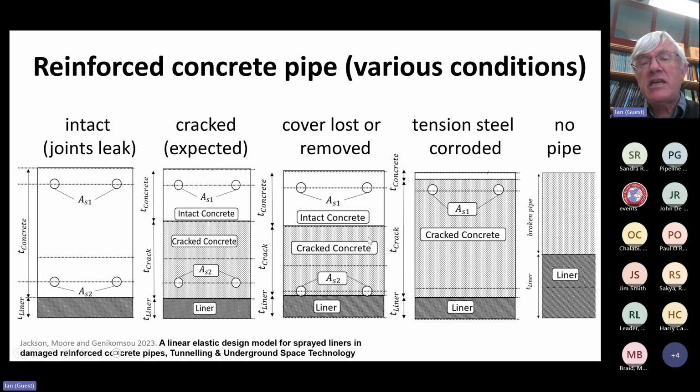And then finally, if we've got loss of the tensile steel because of corrosion and we've got a full crack condition, or even the situation where we're concerned about the capacity of the existing host pipe and we want to design considering the capacity of the liner alone. These design equations are all presented in this paper that was published last year in Tunnelling and Underground Space Technology.